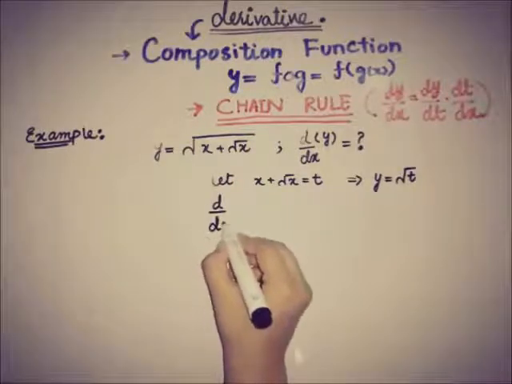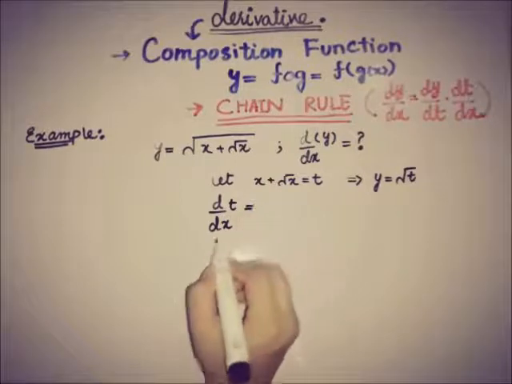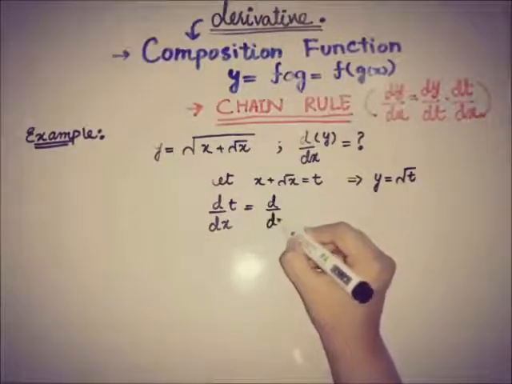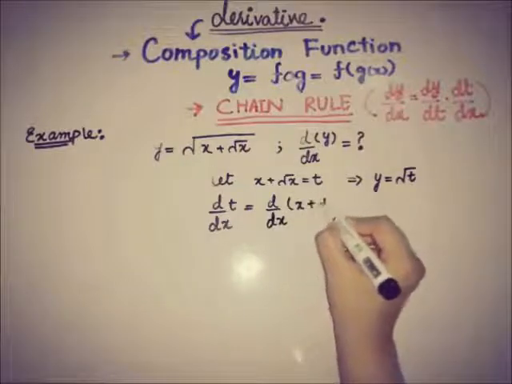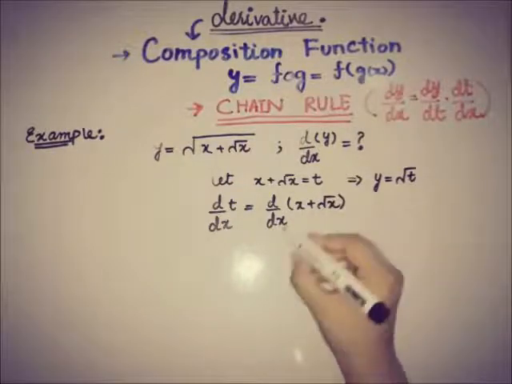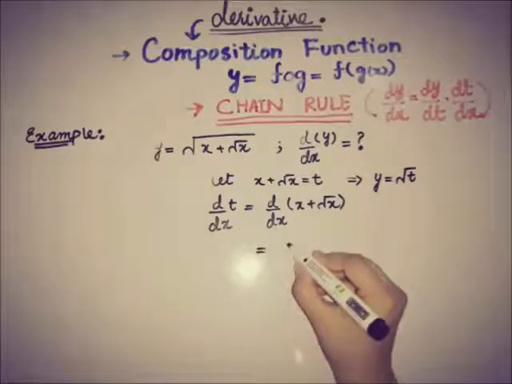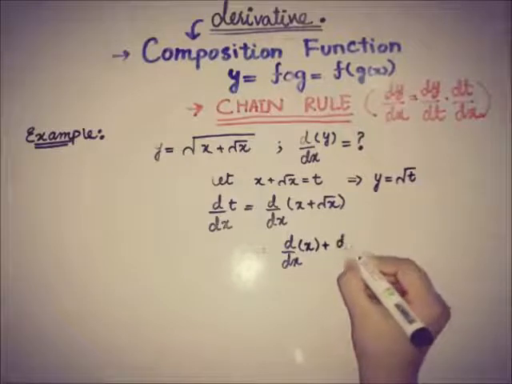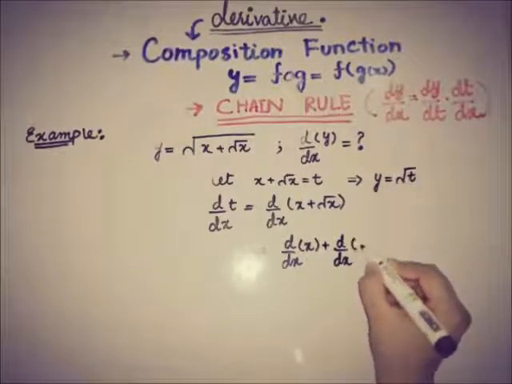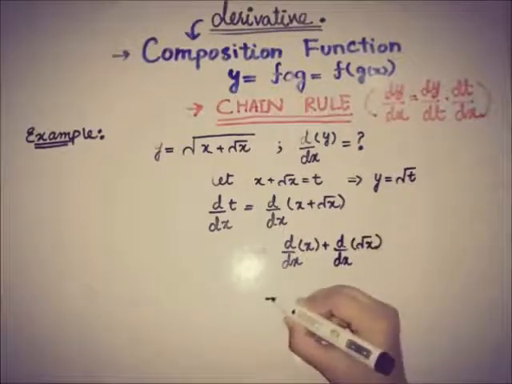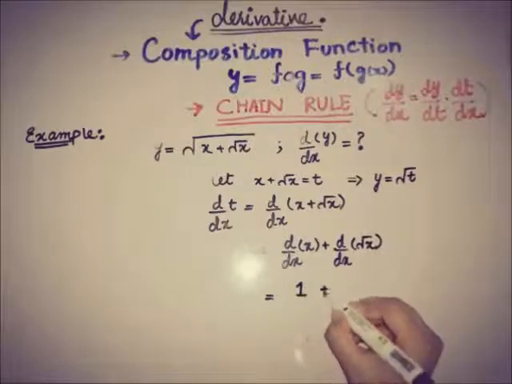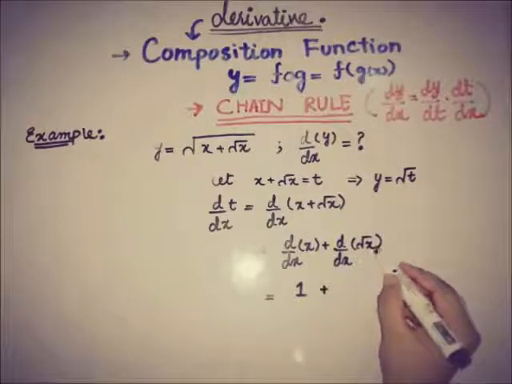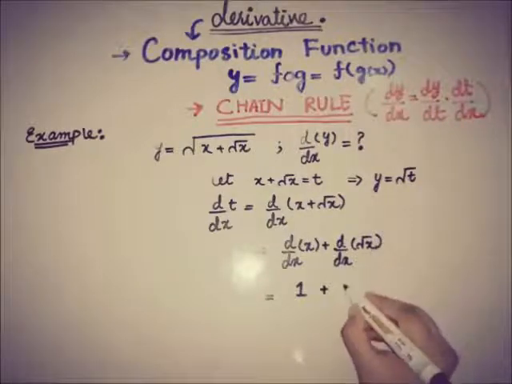Finding the rate of change of t with respect to x, this is equal to 1 plus the derivative of under root x, and under root x is equal to x to the power 1 by 2.